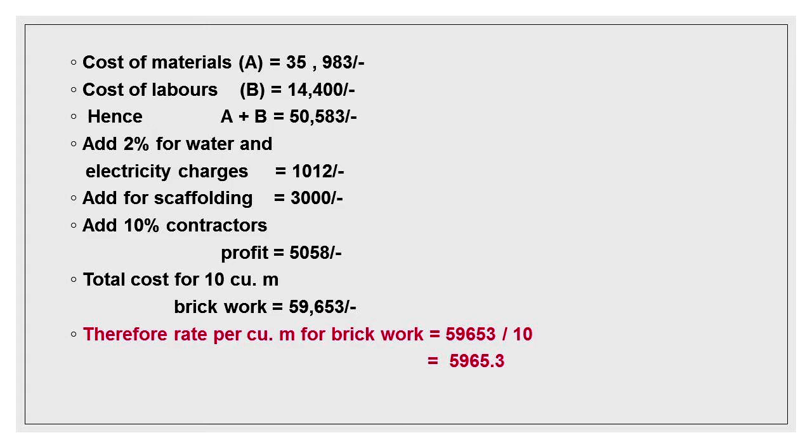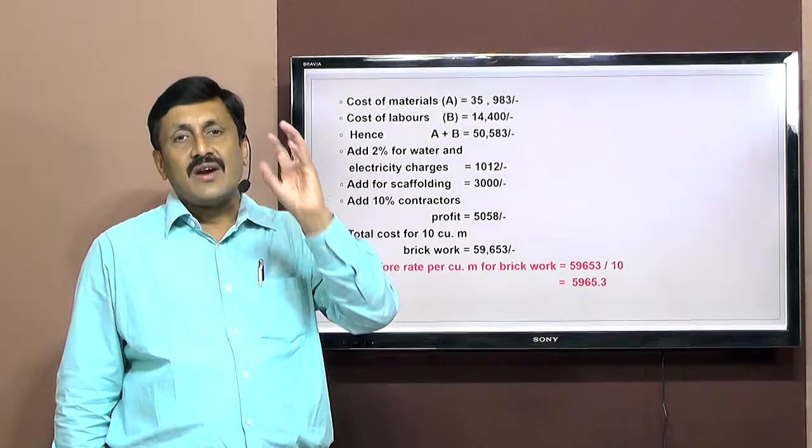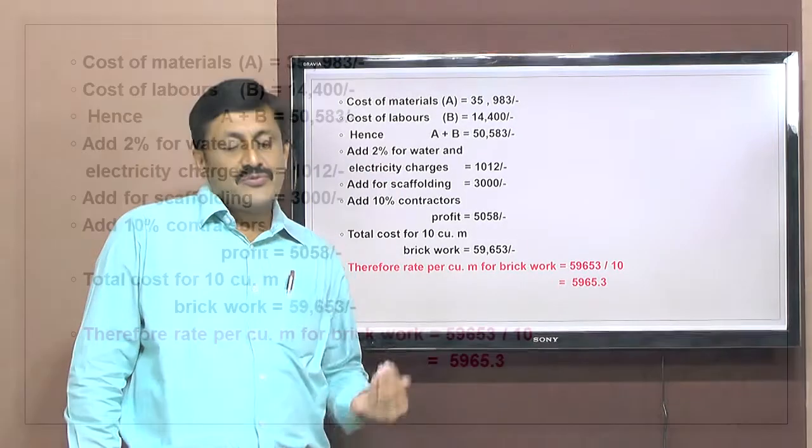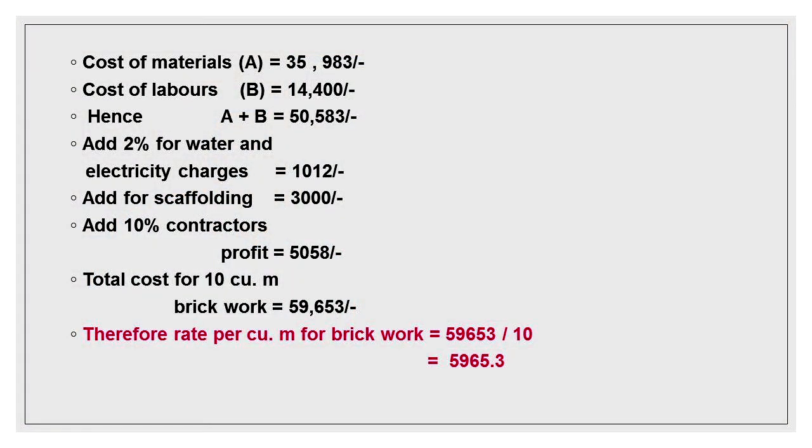So finally addition of all, that is A plus B plus 2% of A plus B plus scaffolding charges plus contractor's profit, finally it comes to 59,653 rupees. So the total cost of brickwork when the quantity is 10 cubic meters is 59,653 rupees.